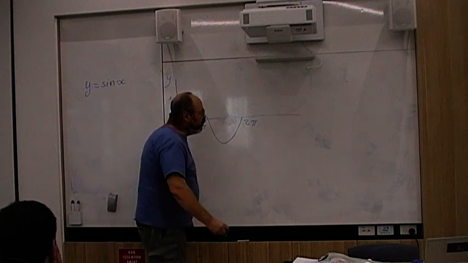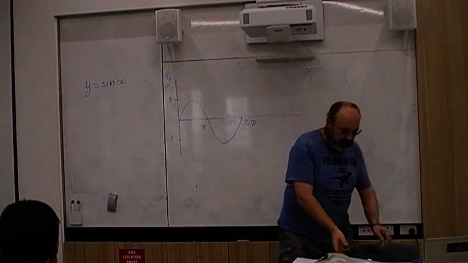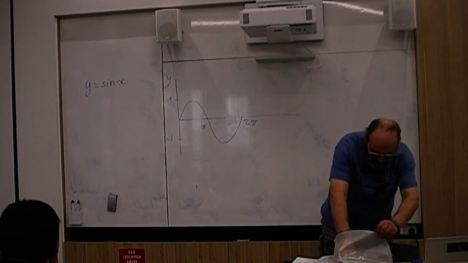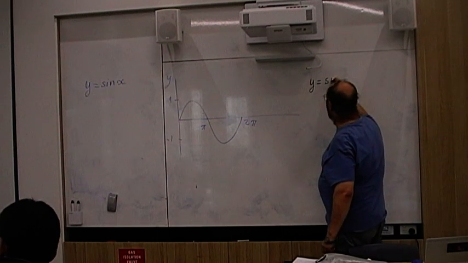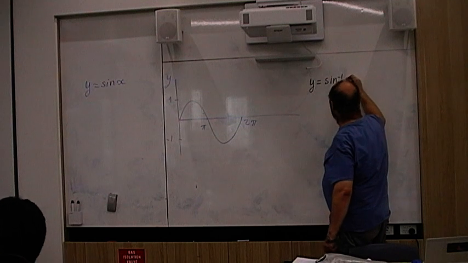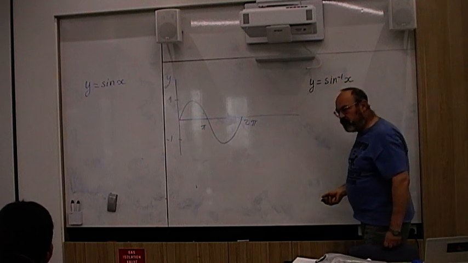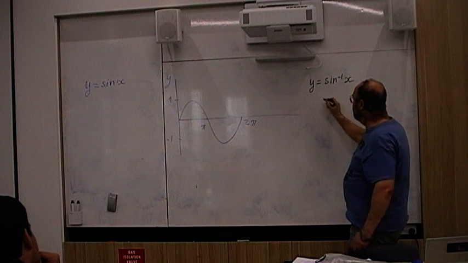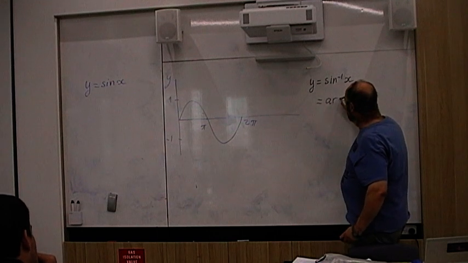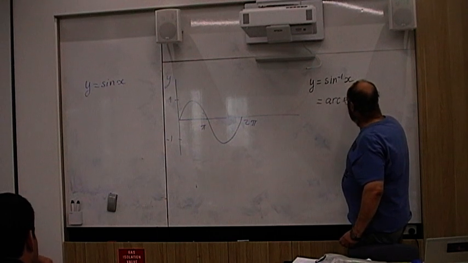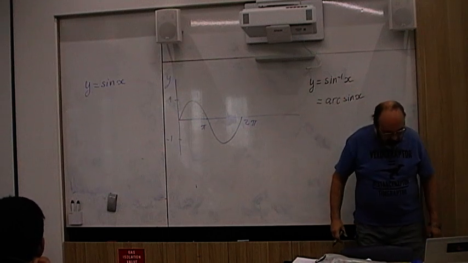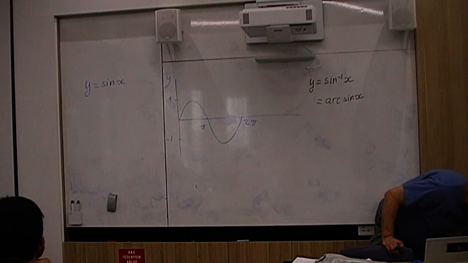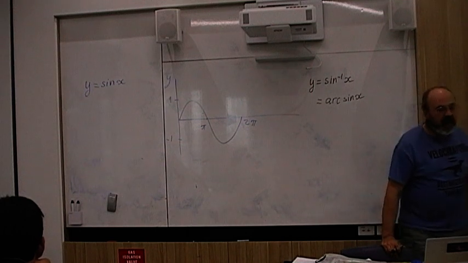Now we want to sketch the graph, and we need to establish the function y equals sine negative 1 x, or in international notation, be prepared that you will be getting that, often it's arc sine. Sine negative 1 is not international notation. It's arc sine.